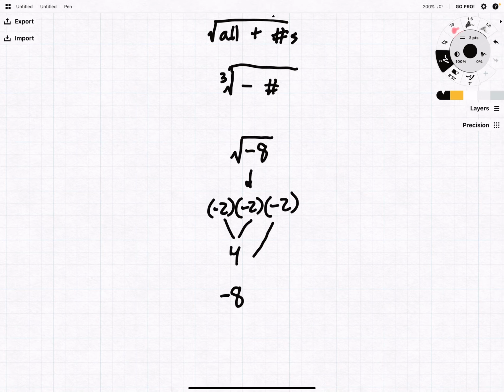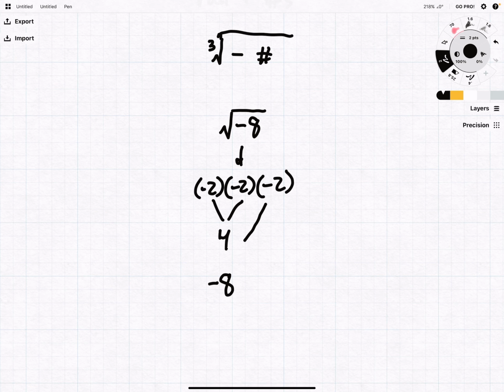So whenever you have odd powers with your roots, right, whether it's a third root or a fifth root or a seventh root, anytime it's an odd power, you can have a negative number underneath the radical.